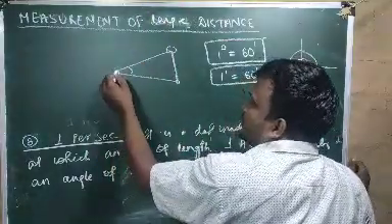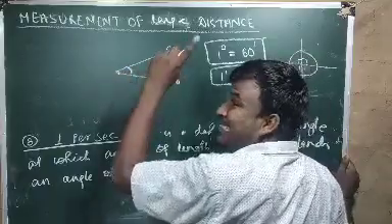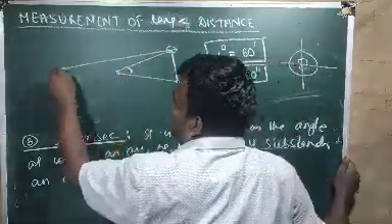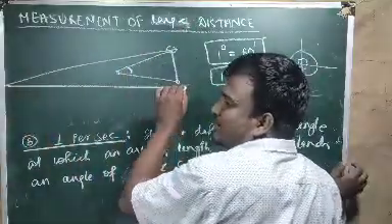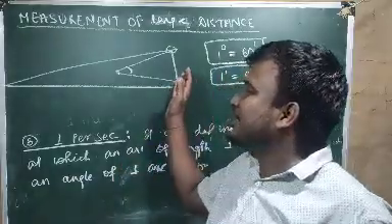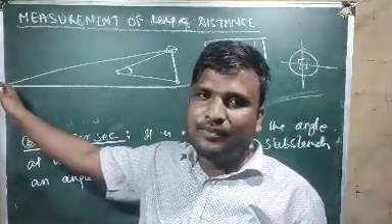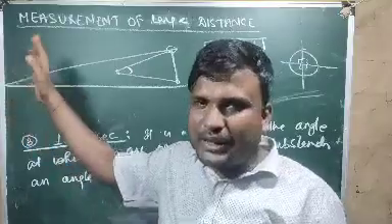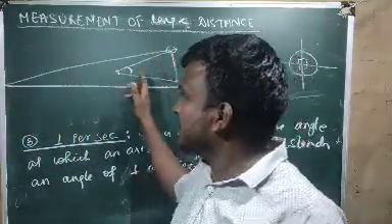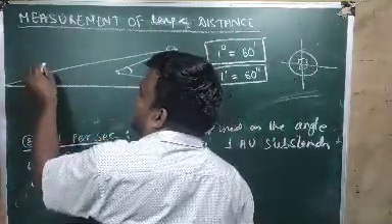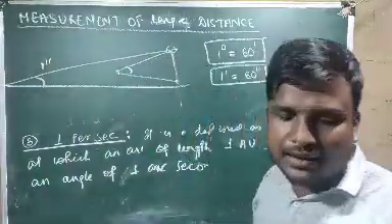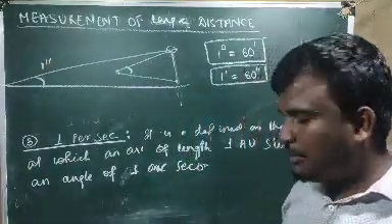Here the angle is 30 degrees, but we want a 1 second angle. So to make a 1 second angle, this distance must be very, very large. You take the distance so that this 1 astronomical unit subtends a 1 second angle. If it subtends 1 second angle, then it is nothing but 1 parsec.